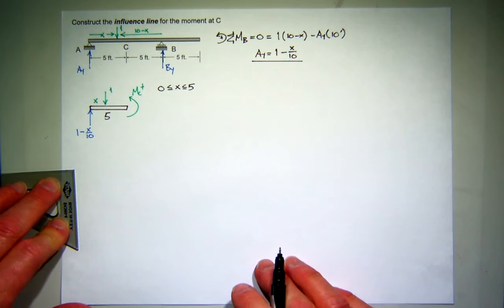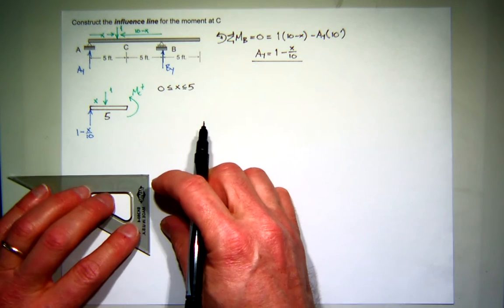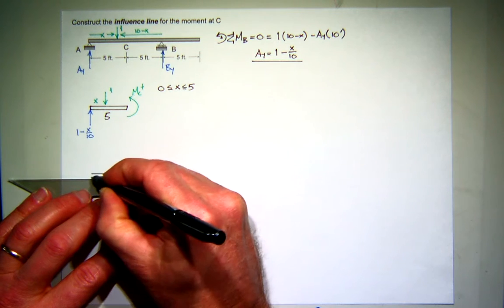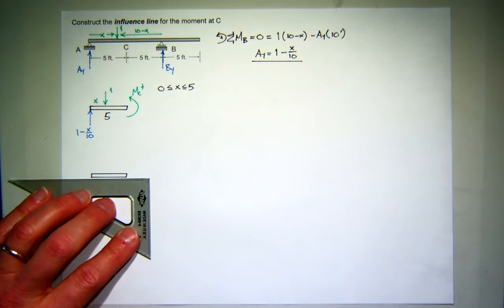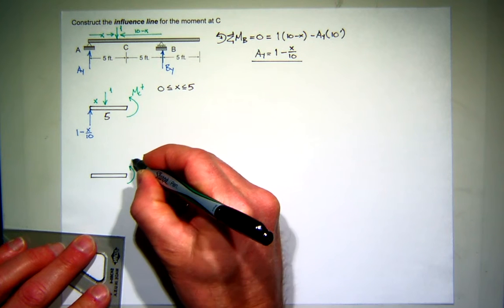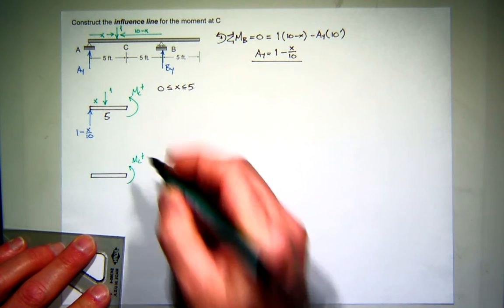5. But what happens if it's greater than 5? Well, in that case, it's moved off the free body diagram. I still have my moment at C, which I'm trying to find.